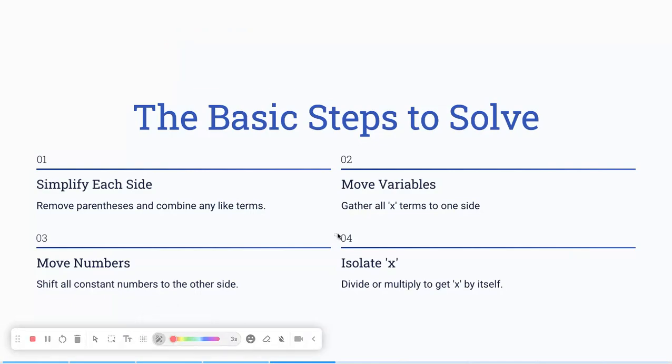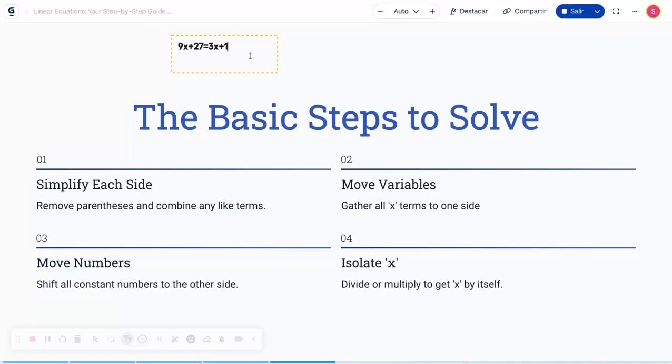Then we generally move variables, so we gather all x terms to one side and all the numbers to the other. For example, if we have 9x plus 27 equals 3x plus 1, then we would move all x's to one side and the other numbers to the other side.